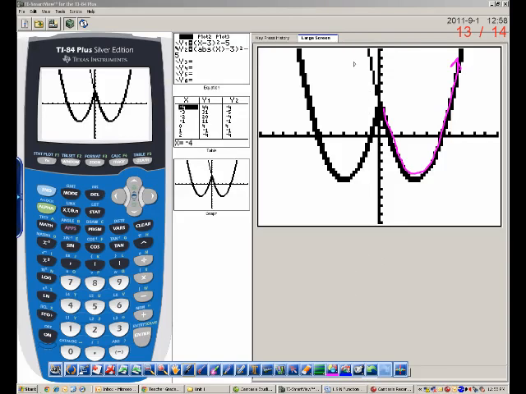We literally cut them off and throw them away. In order to fill their space, we're going to take the positive x's and reflect them to fill their space. So the green and the pink is our final graph.